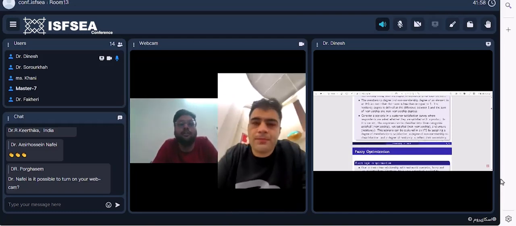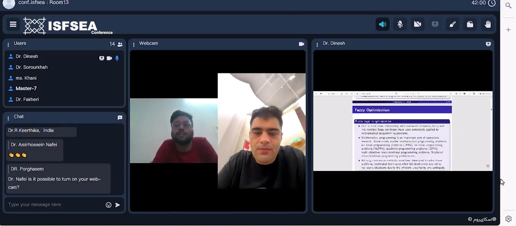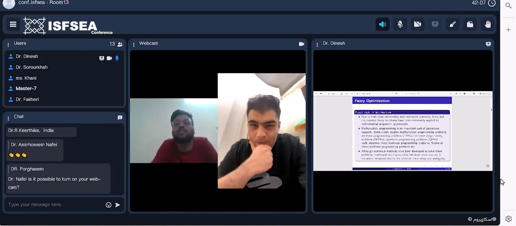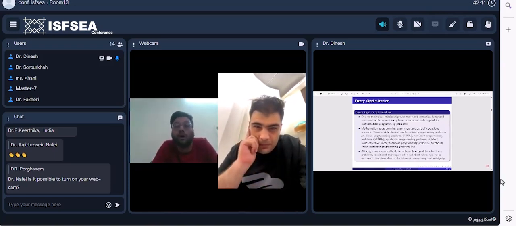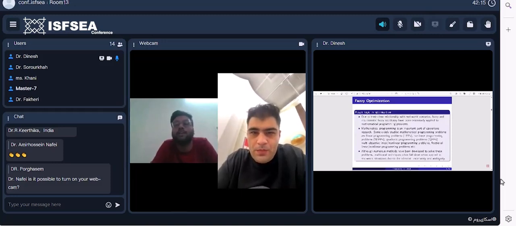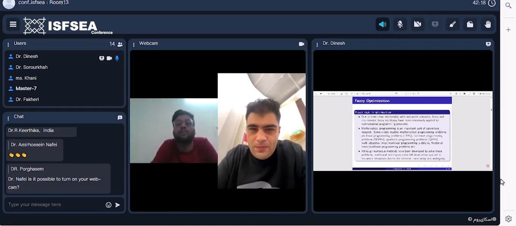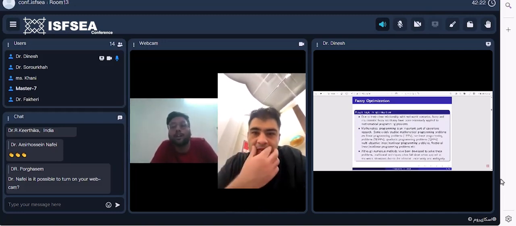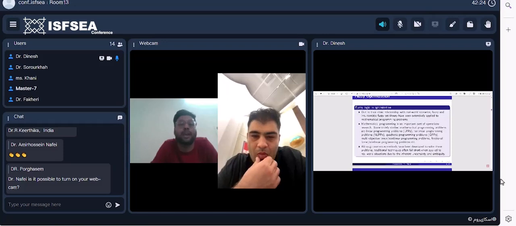Now we have moved to optimization. Why is it used in optimization here? Due to the close relation with real-world scenarios, fuzzy and intuitionistic fuzzy set theory have been extensively applied to mathematical programming problems. Mathematical programming is an important part of operations research. Some widely studied mathematical programming problems are linear programming problems, non-linear programming problems, quadratic programming problems, and so on.